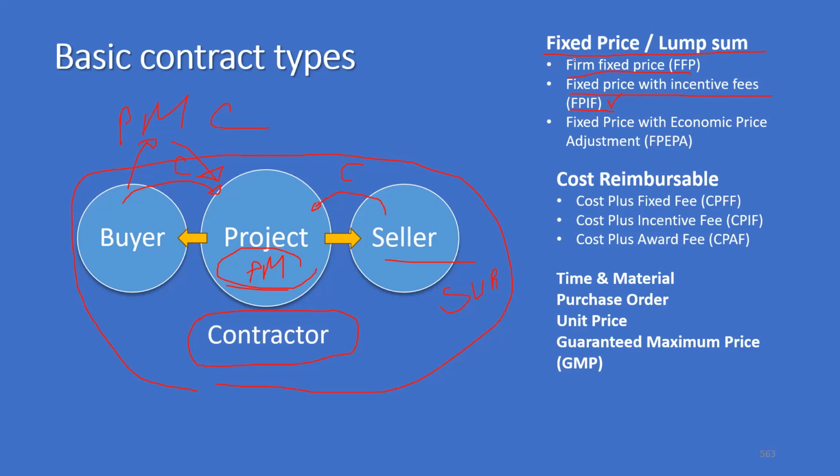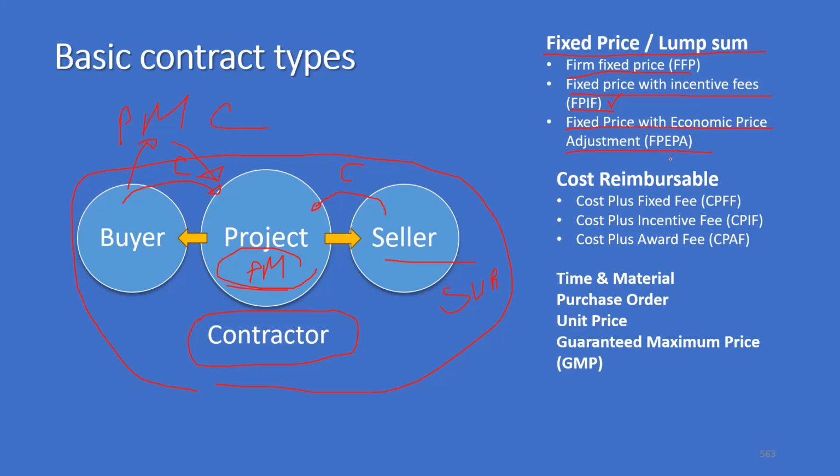Then another variant of fixed price is fixed price with economic price adjustment, that is FPEPA. In highly fluctuating markets, if the currency rates are fluctuating, or if steel prices are fluctuating heavily, then we go with this type of contract, fixed price with economic price adjustment, FPEPA.